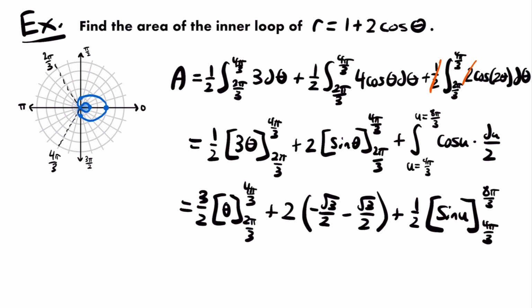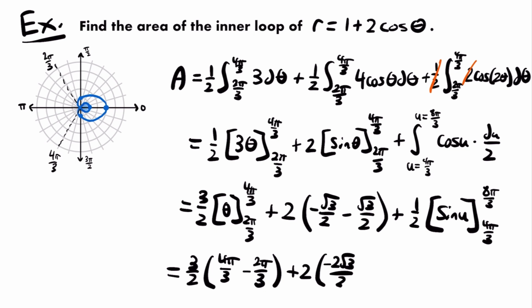All right, now if we simplify further, this will be equal to 3/2 times 4 pi divided by 3 minus 2 pi divided by 3. Right, we just evaluated theta at 4 pi divided by 3 and subtracted the evaluation at 2 pi divided by 3. Now for this term, we have the negative square root of 3 divided by 2 minus the square root of 3 divided by 2. If we combine them, we will have plus 2 times negative 2 square roots of 3 divided by 2.